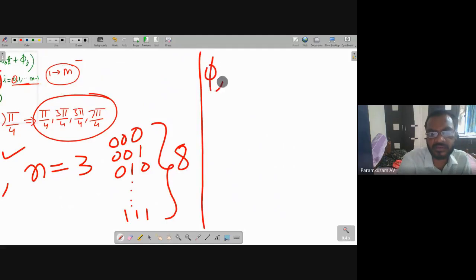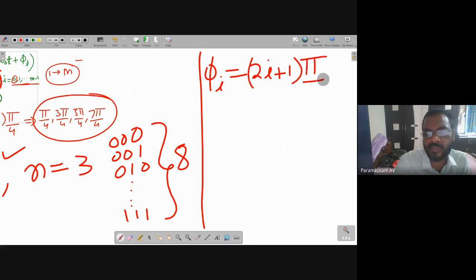θ_i is equal to (2i plus 1) into π/m, with m is equal to 8. Suppose i is equal to 0. You start from i is equal to 0, no?